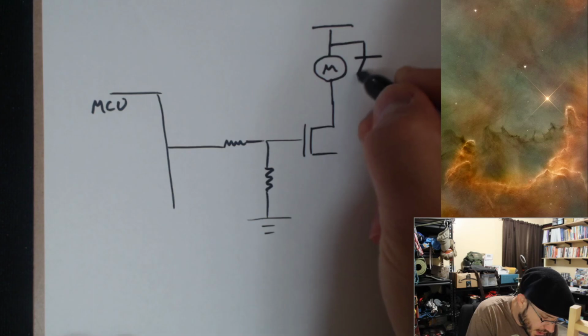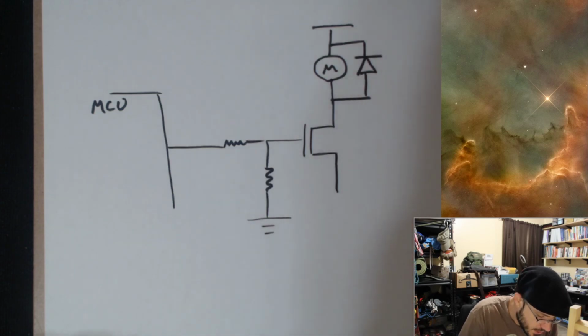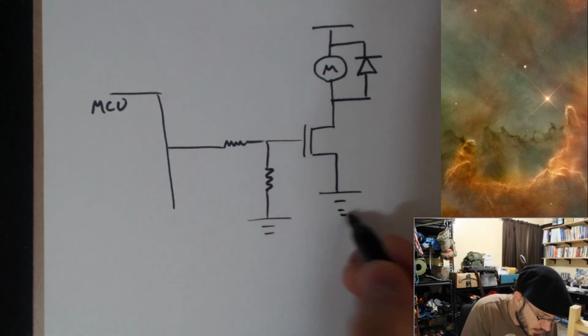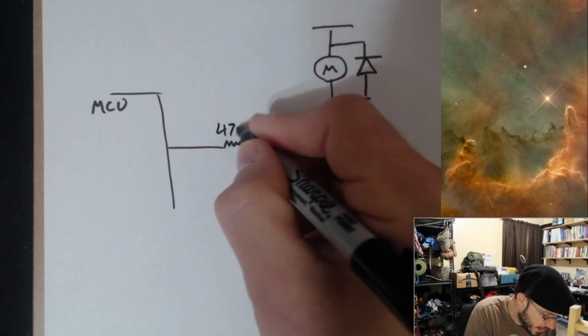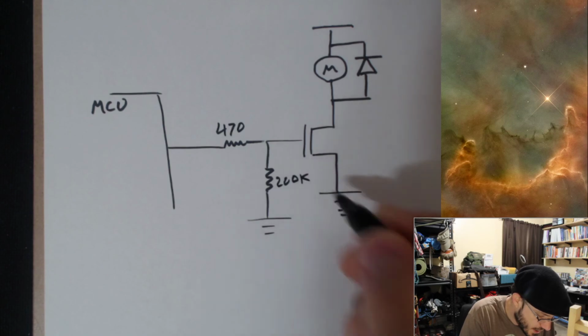And you're going to put some flyback diode in here to suppress that induced voltage from the inductive load. Maybe something like 470 ohms there and 200K here.